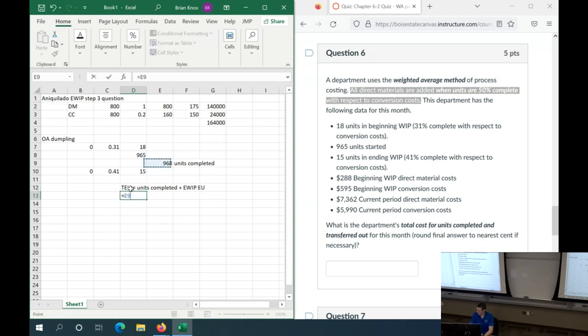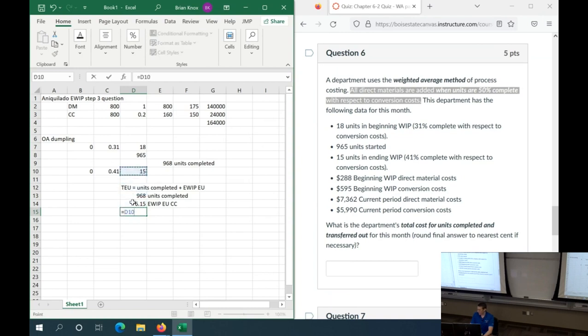So we have our units completed, and we have ending WIP equivalent units with respect to conversion costs right here, EWIP EU CC: the physical units in ending WIP times the percent complete with respect to conversion costs.